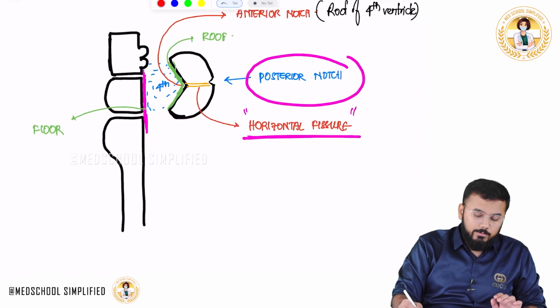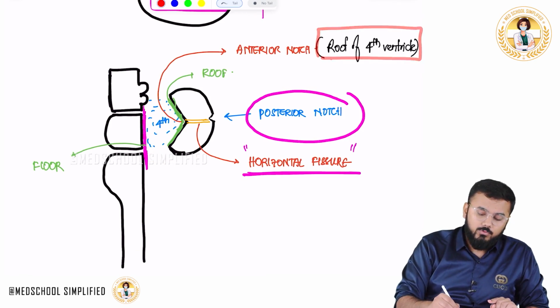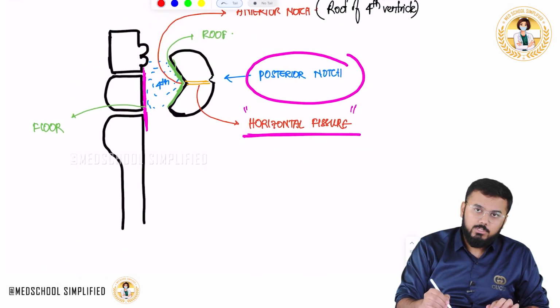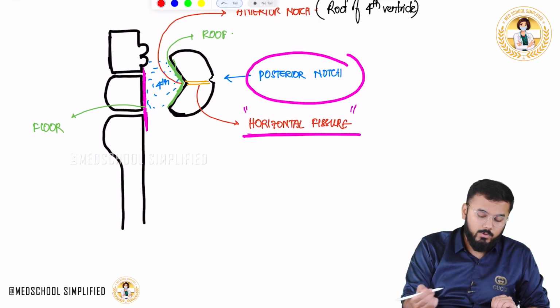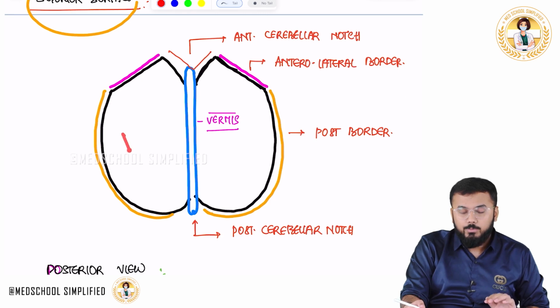Here you can see the two notches, the anterior and the posterior notch. The anterior notch forms the roof of the fourth ventricle. And the horizontal fissure is the one which is dividing the cerebellum into the upper half and the lower half. Next important thing, this is your superior surface.